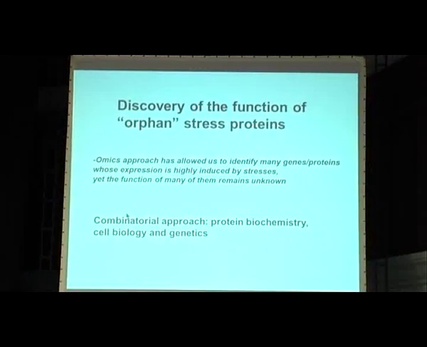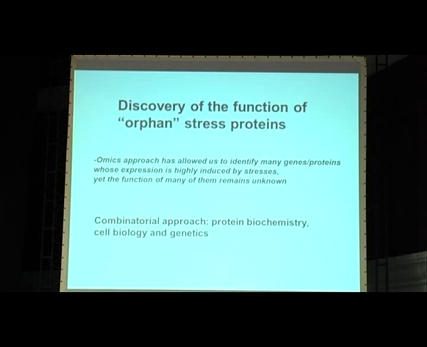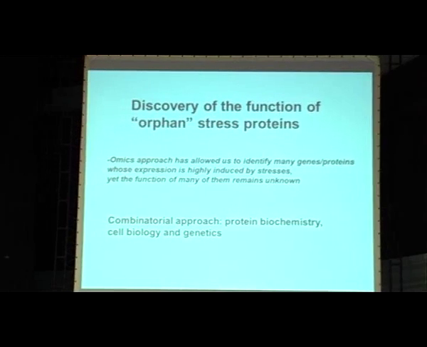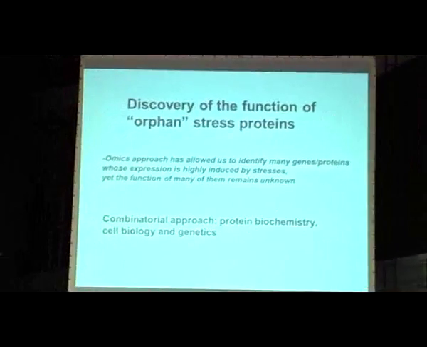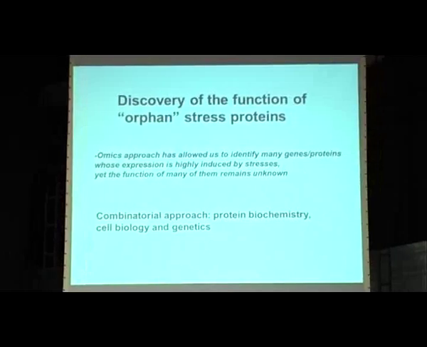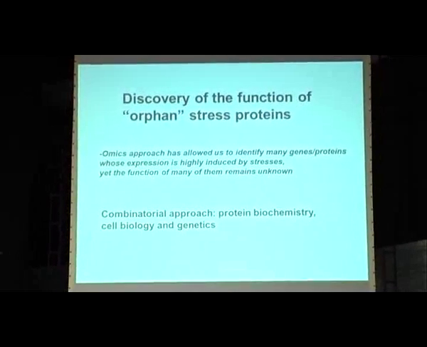The major effort in my laboratory is to discover the function of the so-called orphan stress proteins. So why do we call these orphan stress proteins?